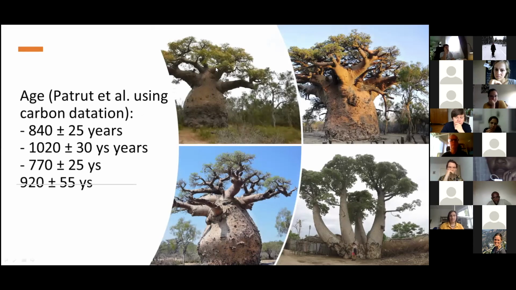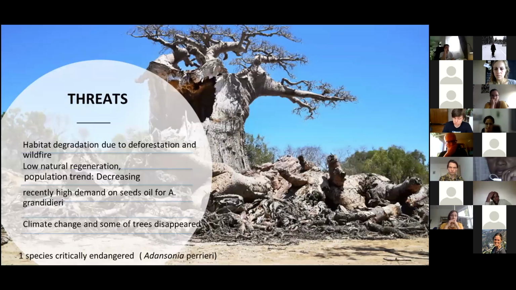The age of the baobab was already investigated by Patrut and his collaborators, who used carbon dating in this study, and they said that the age of the baobab reaches up to 500 or 1,000 years old.